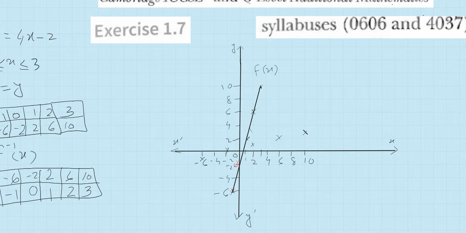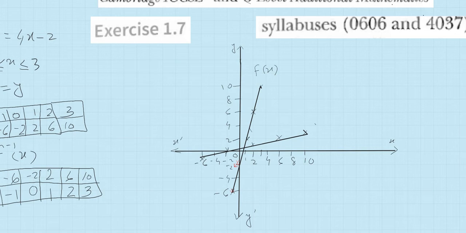Now it's time to join all the points. Here we go.